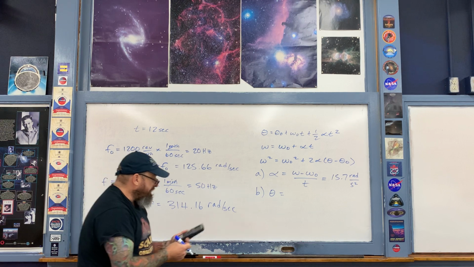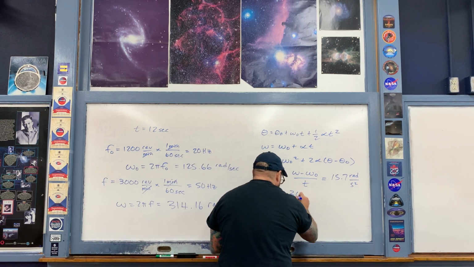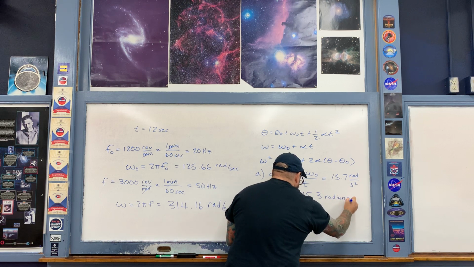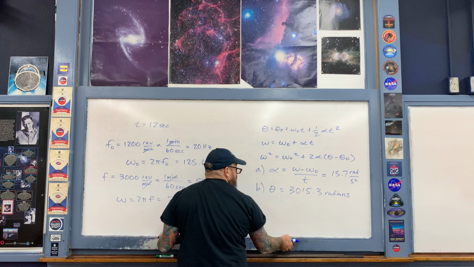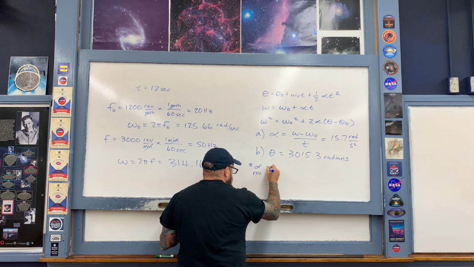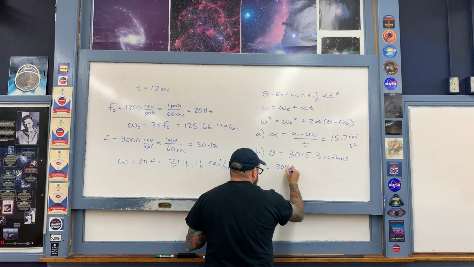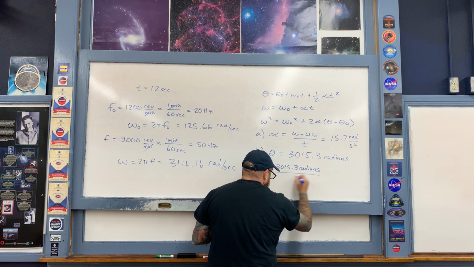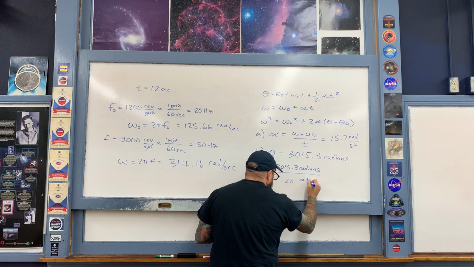And ultimately I end up with 3015.3 or so radians. And then from there, I would obtain the number of rotations or revolutions by taking that value of 3015.3 radians and then dividing it by 2 pi radians per revolution.